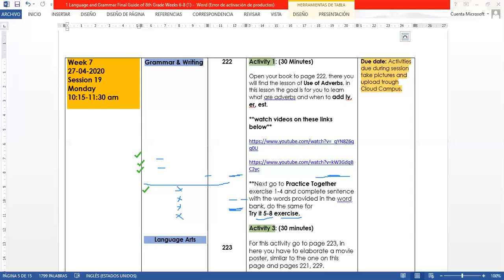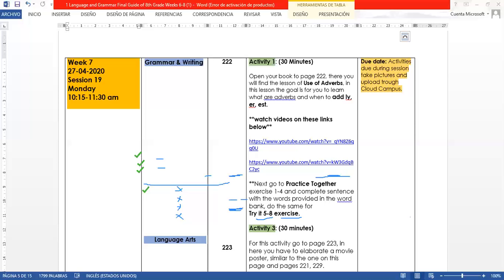So this is a good example the book is giving us on how to add er, est, more, and most. We will take a look further on these words more and most on other examples at the bottom of the book.